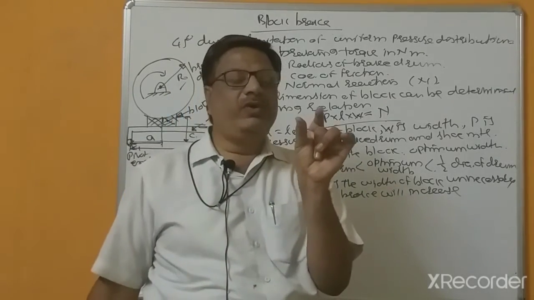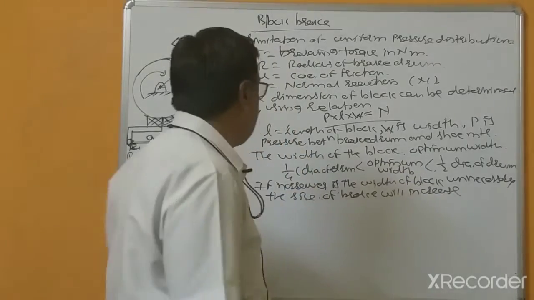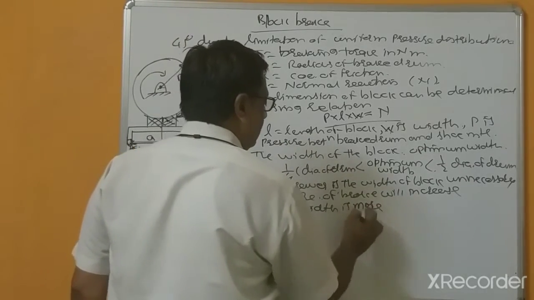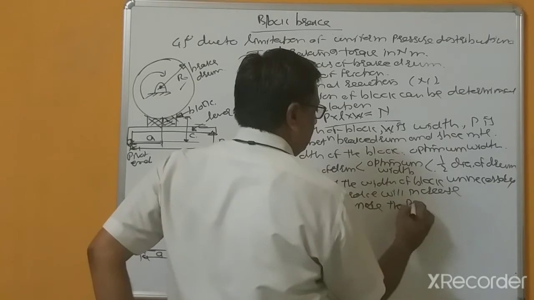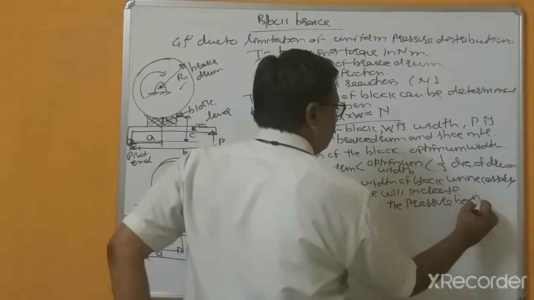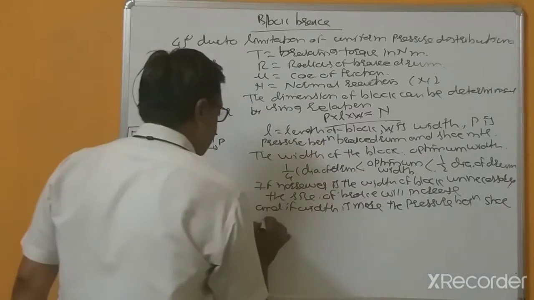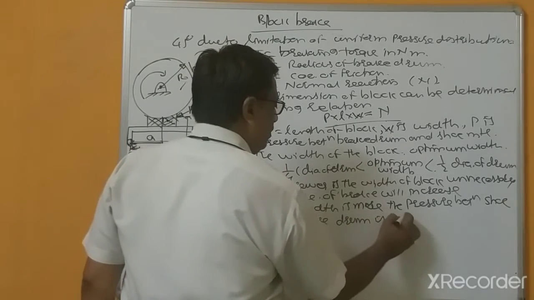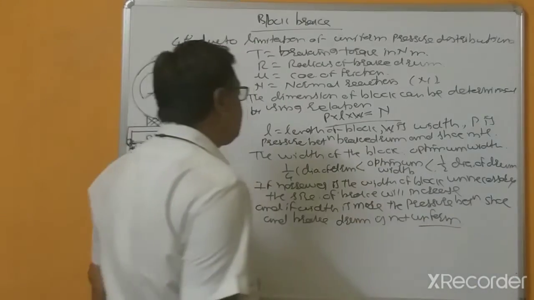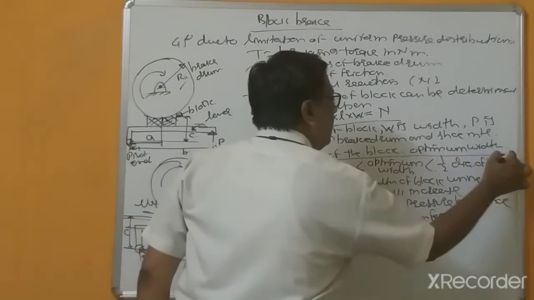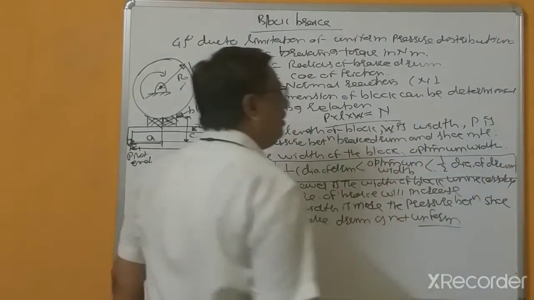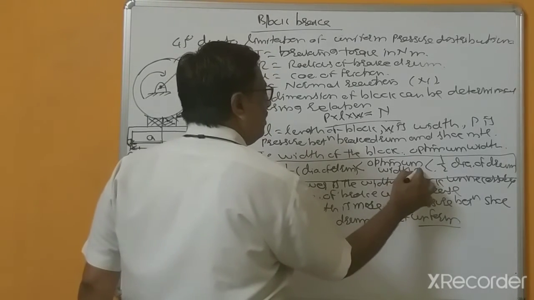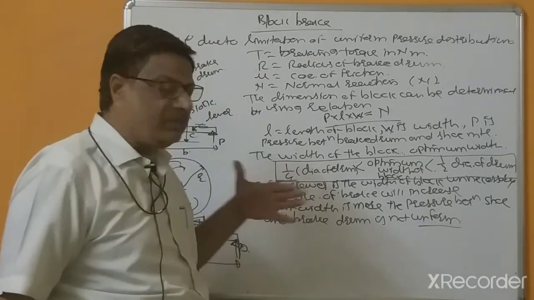And if the width is more, so the pressure between shoe and brake drum is not uniform. So that's why, a multiple choice question may be asked. So why is this to be maintained between 1/4 of the diameter of the drum, and this is the optimum width of the block equal to half the diameter. This is important.